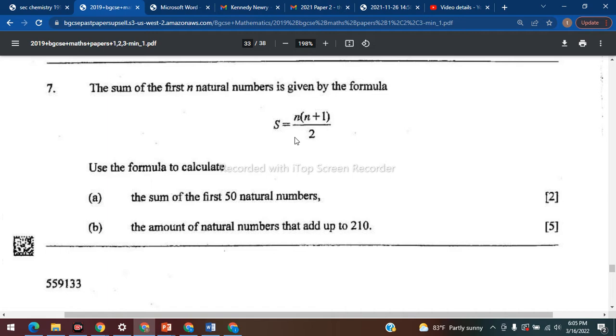We put 50 open bracket 50 plus 1 over 2.